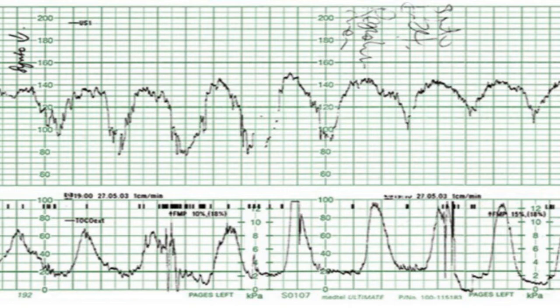When you see the peak of the contraction and the bottom of the deceleration, the bottom of the deceleration is following the end of the contraction in each contraction. So deceleration occurs after each contraction. It's an example of late deceleration.